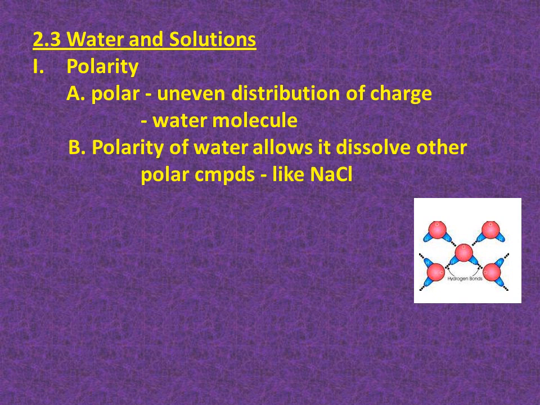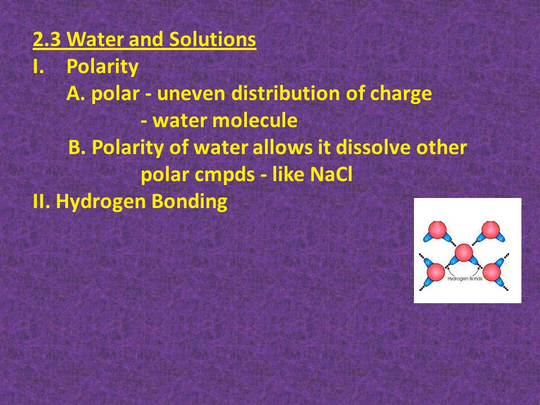So the polarity of the water allows it to dissolve other polar compounds like sodium chloride, potassium chloride. Polarity allows water to do lots of different things. It's got slight charges, slight positive, slight negative, so it can be attracted or repelled from other things due to that polarity, like a magnet.